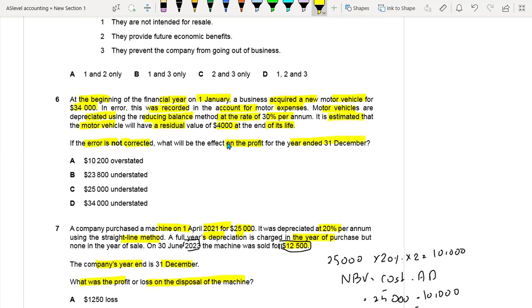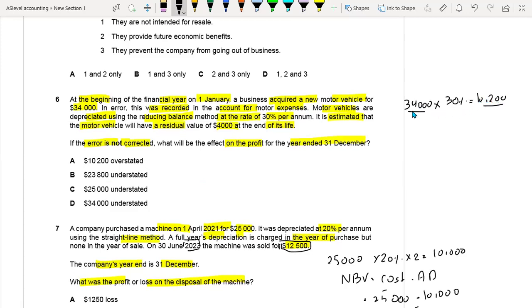Okay. So here basically, 34,000 was the cost and its depreciation was 30%. So this gives us a depreciation amount of 10,200. So this is depreciated by 10,200. You have recorded this $34,000 as an expense, but you also recorded a depreciation of 10,200.